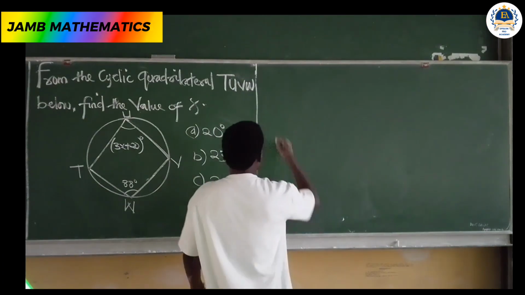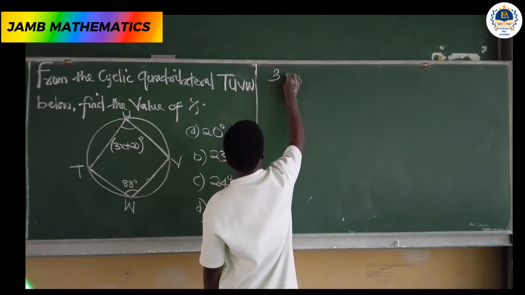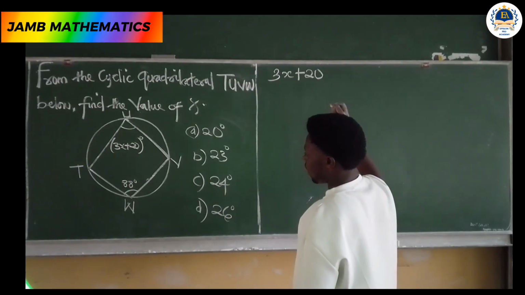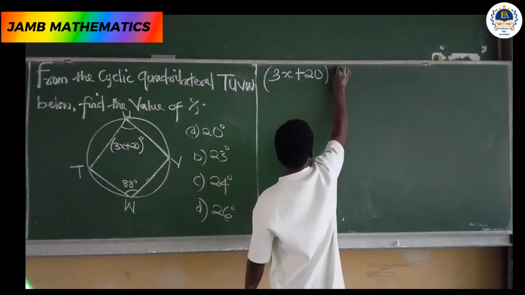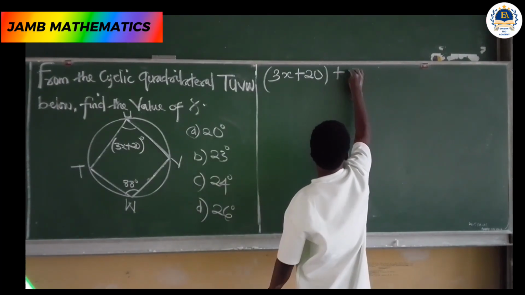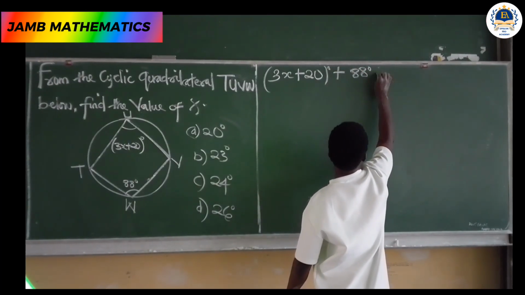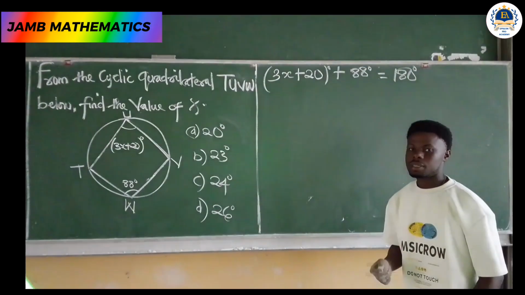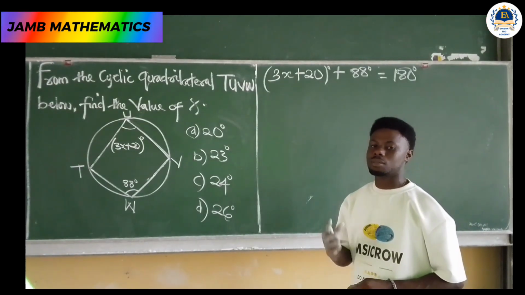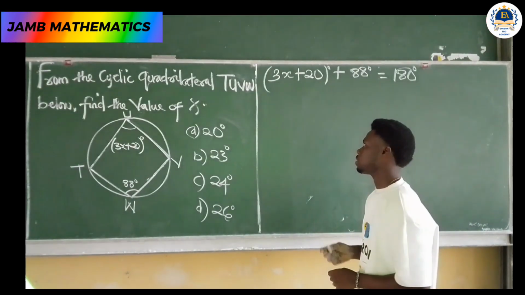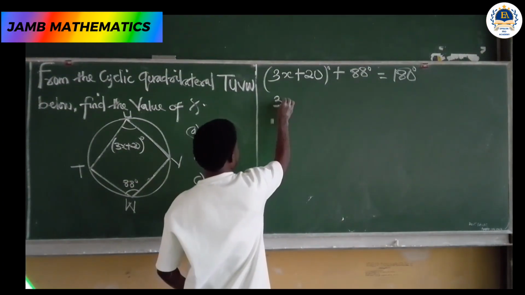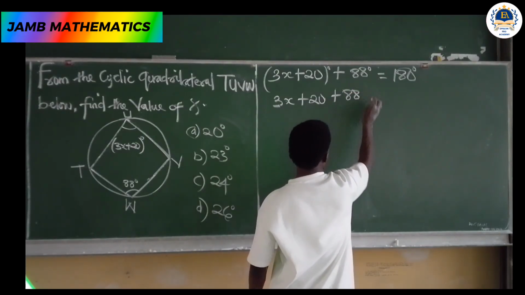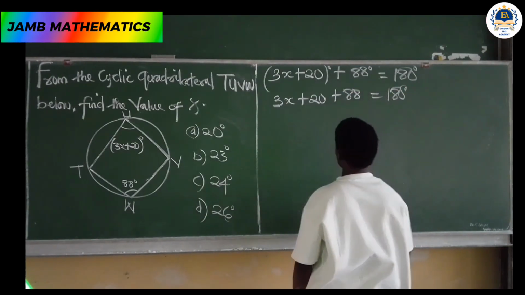So that gives 3x plus 20 plus 88 is equal to 180 degrees. Reason: in a cyclic quadrilateral, the opposite angles add up to 180 degrees. So from here we have 3x plus 20 plus 88 is equal to 180 degrees.